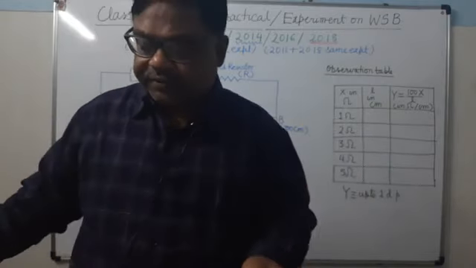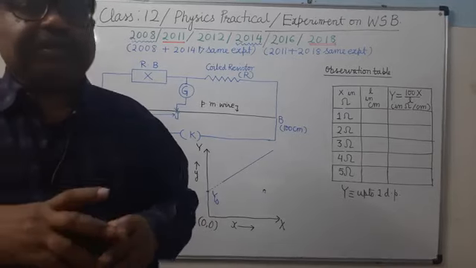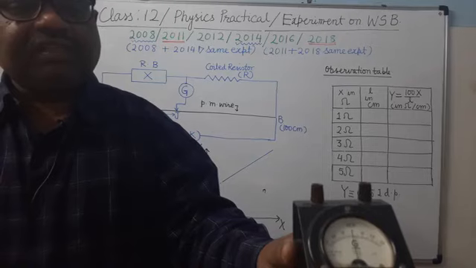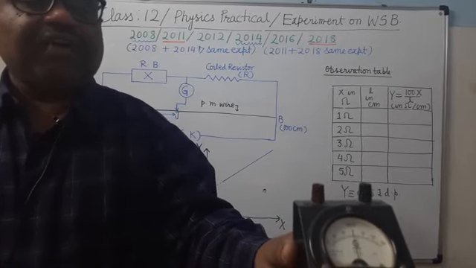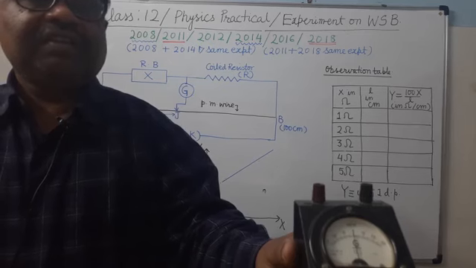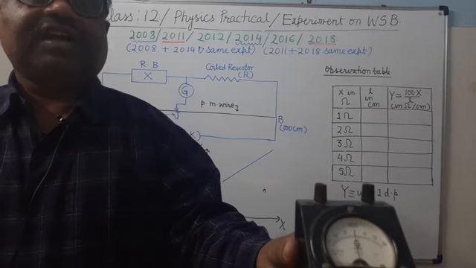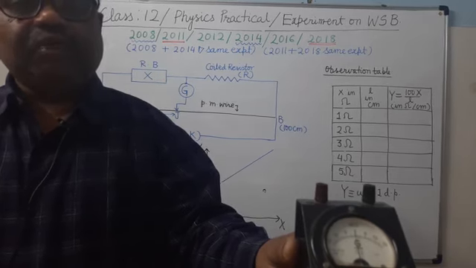It's clear? Then there is one very important instrument here, the galvanometer. You can see it carefully. If you see the needle of the galvanometer, it is at the center. It is not on the left side as you have seen in the ammeter and voltmeter.